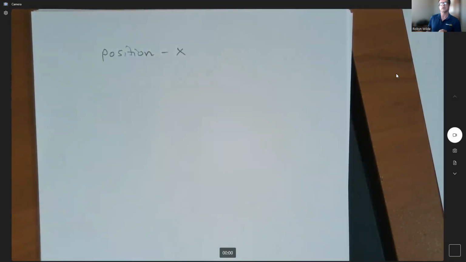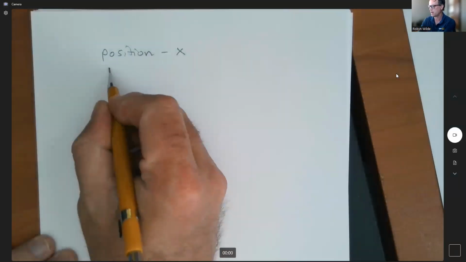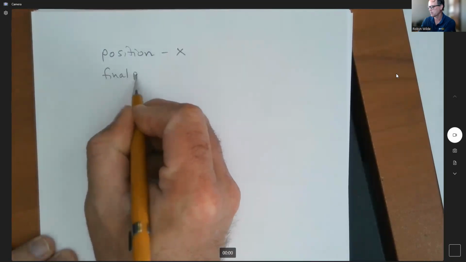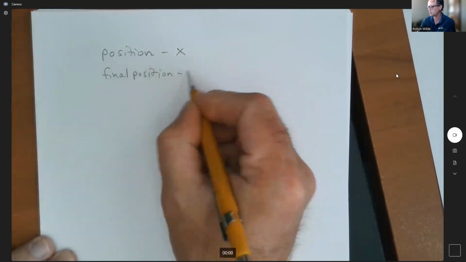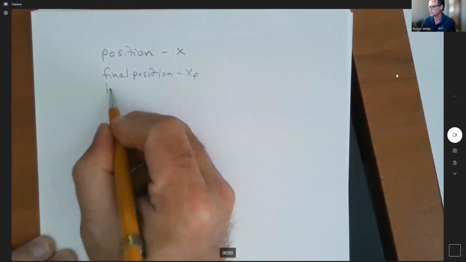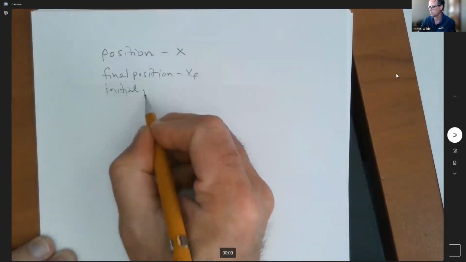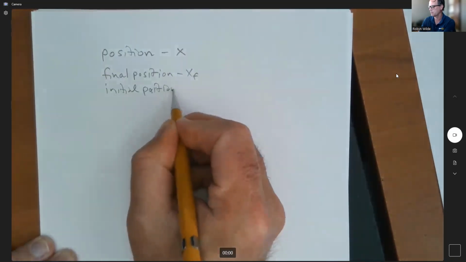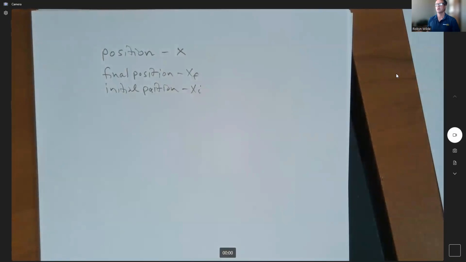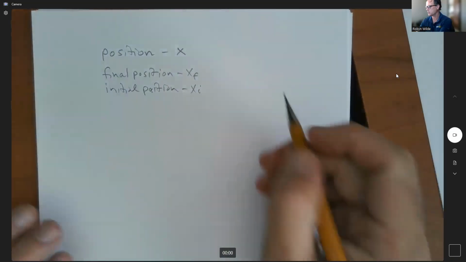Now, once you consider motion, you're going to be moving around. And so you're going to have a final position, which I'm going to call X_F with a subscript, and an initial position, which I'm going to call X sub I. All right, so we're going to move from an initial position to a final.